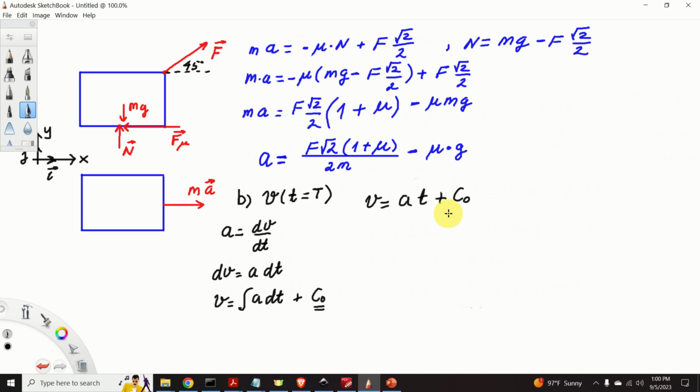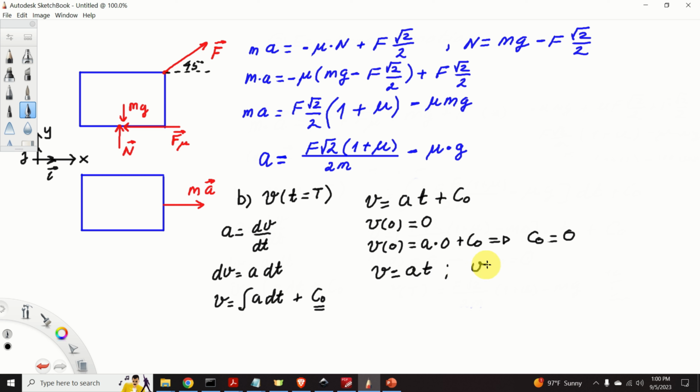In the problem formulation, it's written that initially the system starts from rest. That is, the initial velocity is actually 0. And by substituting this initial condition in this equation, for time equal to 0, we obtain that c0 is actually 0. And our final velocity is equal to a times t.